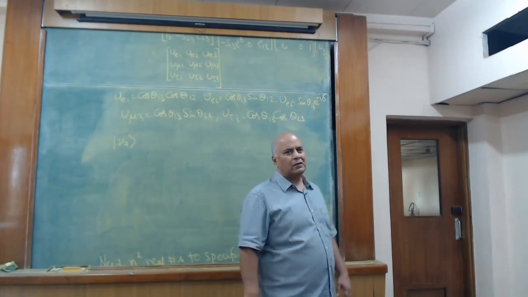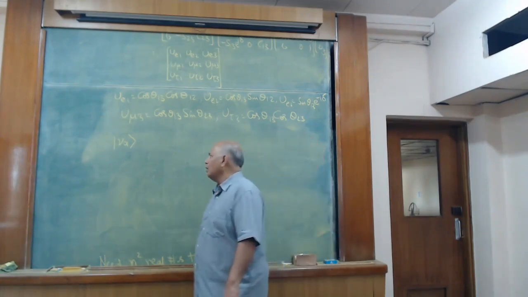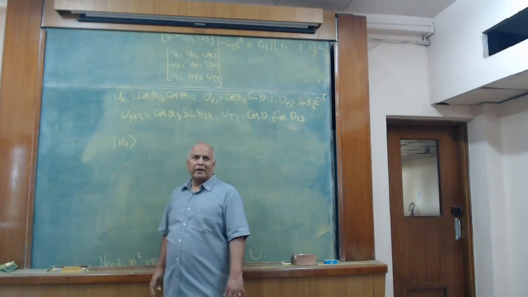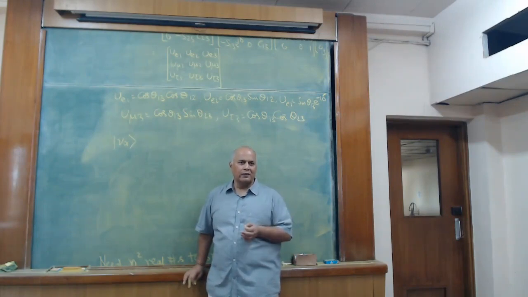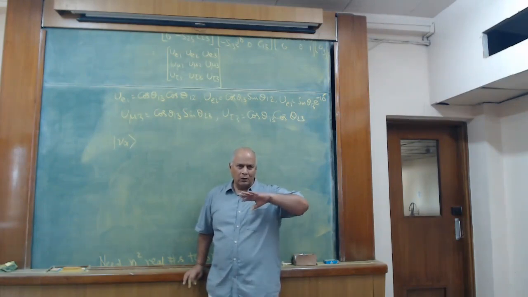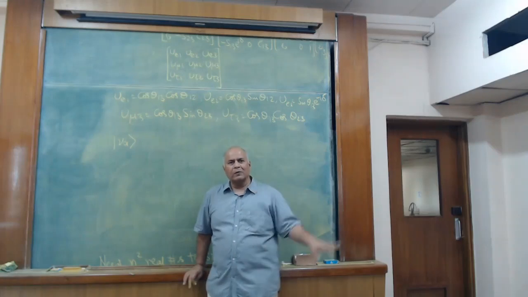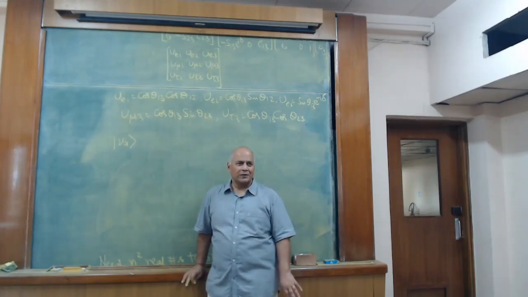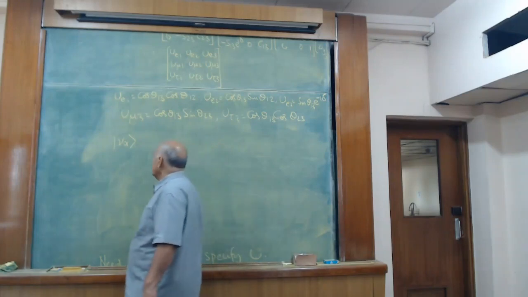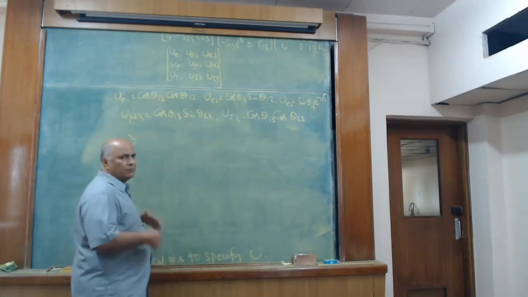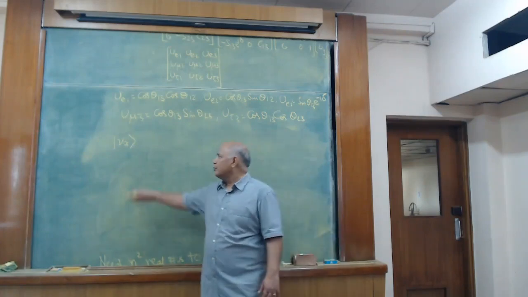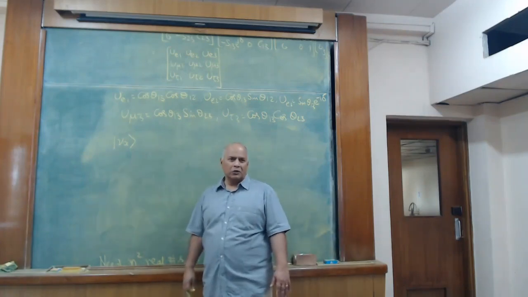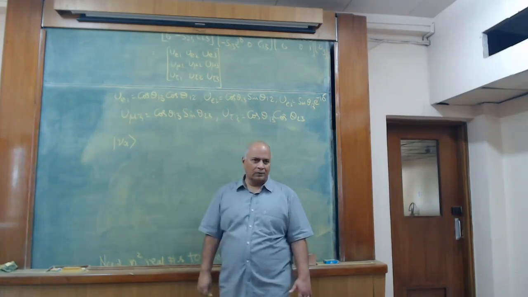The flavor states e, mu, tau are represented by Greek indices, and the mass eigenstates 1, 2, 3 are represented by Roman indices. This notation has become quite standard in neutrino physics. So, some decay has taken place and it produced a neutrino in the flavor eigenstate alpha.